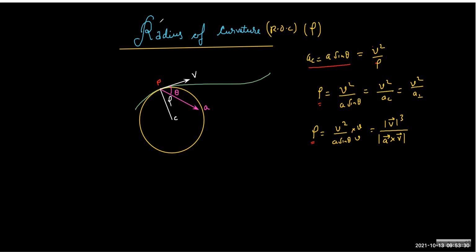Okay, so we can do some problems before we go to the mathematical part. This is a very famous question. If I throw a projectile in air with speed u at angle theta, of course the only force acting is gravity, so the only acceleration is the free fall acceleration g.